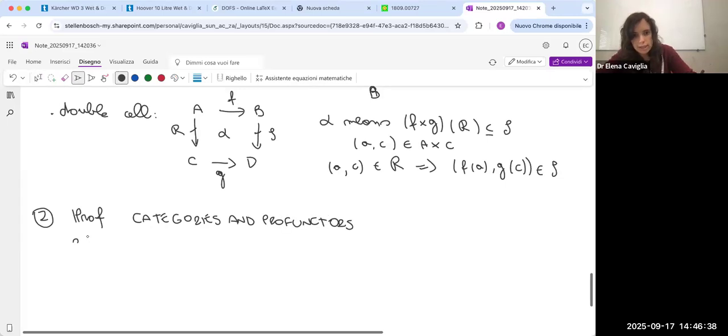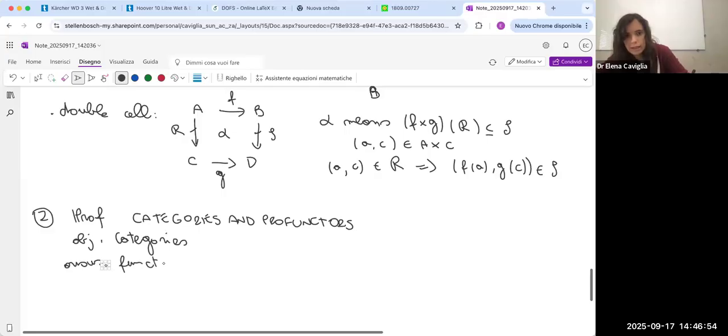So our objects are categories. Our arrows are functors.